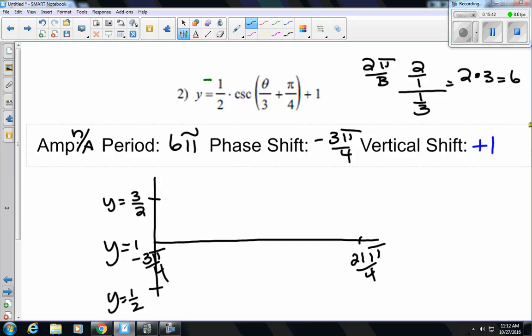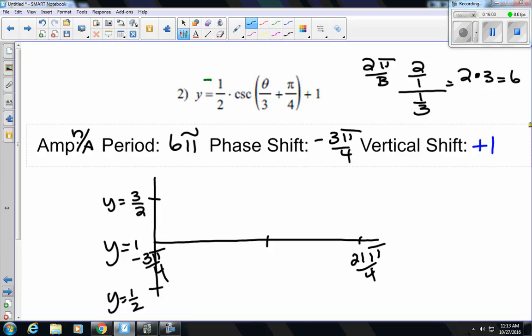And again, if that is too much for you to handle, that's okay. Put in your calculator, 6 minus 3/4. Make sure 3/4 is in parentheses. Math fraction. You should get 21 pi over 4, or 21 over 4.